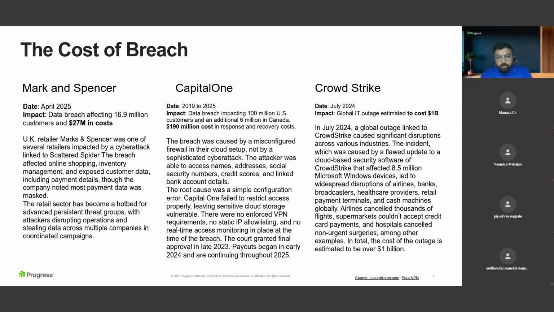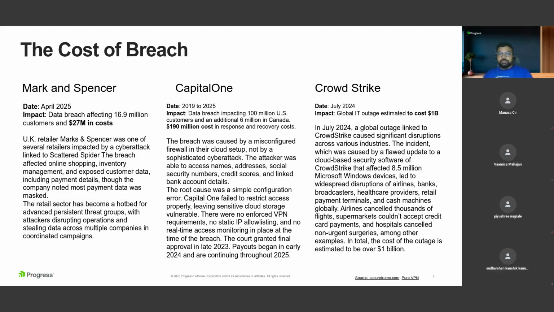The breach stemmed from a simple configuration error and lack of access controls like VPN enforcement, real time monitoring, etc. And I think in recent memory, everybody remembers the CrowdStrike event that happened in July 2024. It created a global IT outage which disrupted airlines, banks, healthcare, retail, and the estimated costs exceed $1 billion.